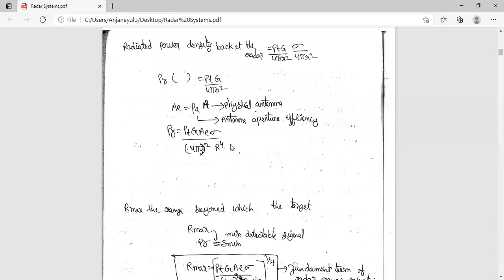Here P_R is the receiving power, P_T is the transmitted power, G is the gain, A is the effective aperture, sigma is the cross-sectional area of the target, 4 pi R squared is the surface area, and R to the power 4 involves the distance between the transmitter or radar system and the target.